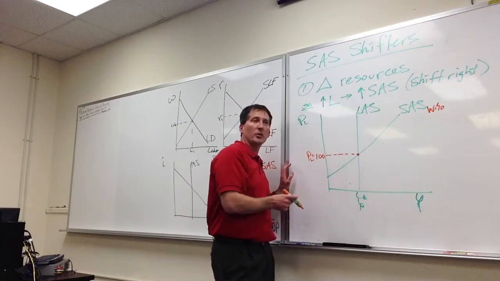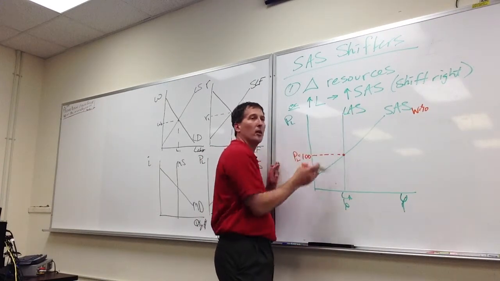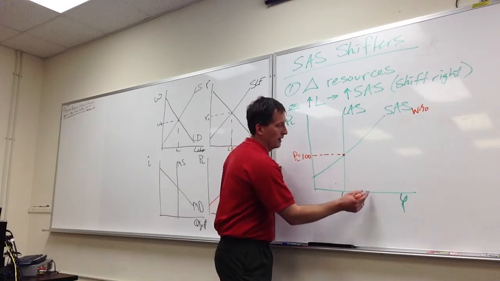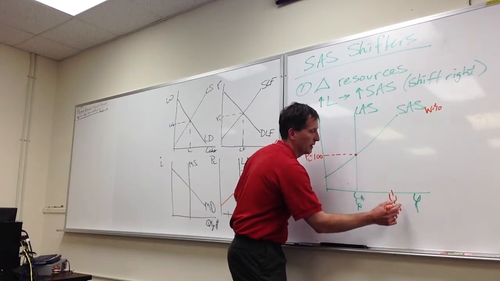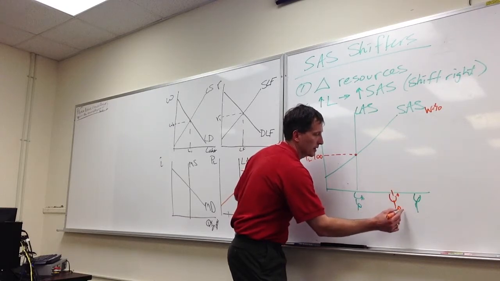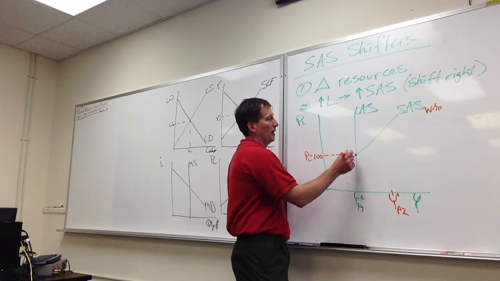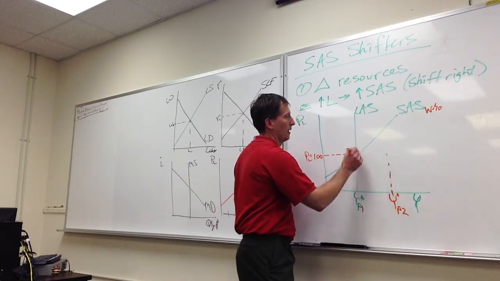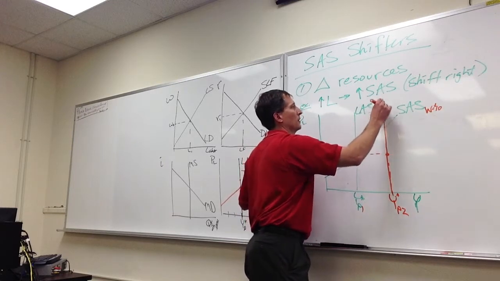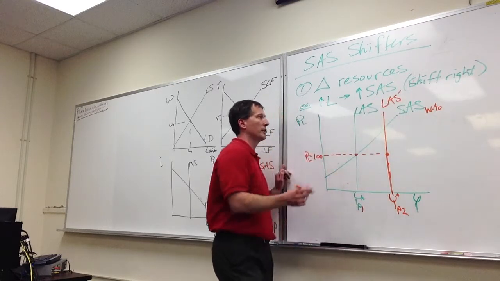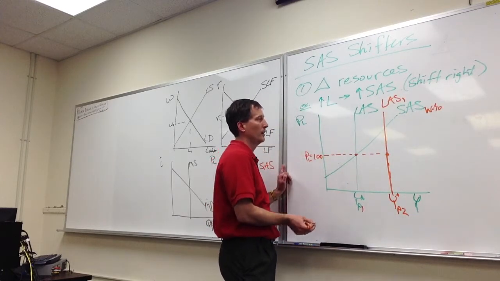The change in resources is going to bump up not only our short run, but our long run aggregate supply curve. And this is how you'd show that. So our potential would move to, let's call it P2. Let's call this P1. And I want you to draw it like this. So long run aggregate supply curve would move to the right, to that level.